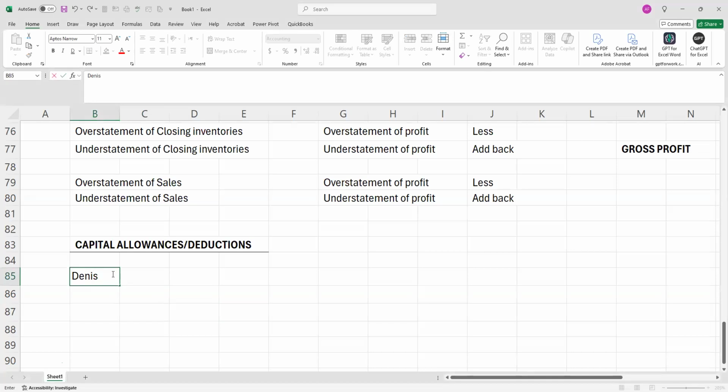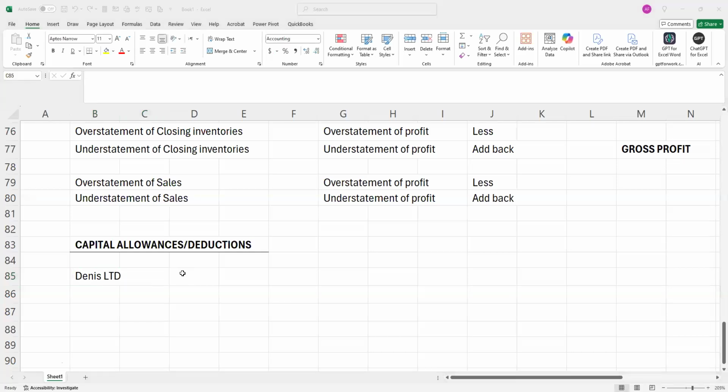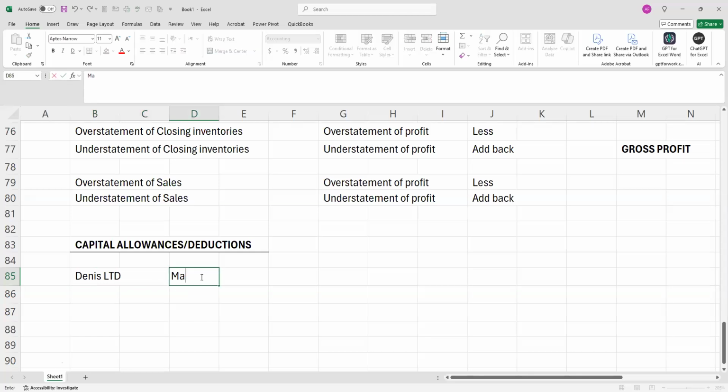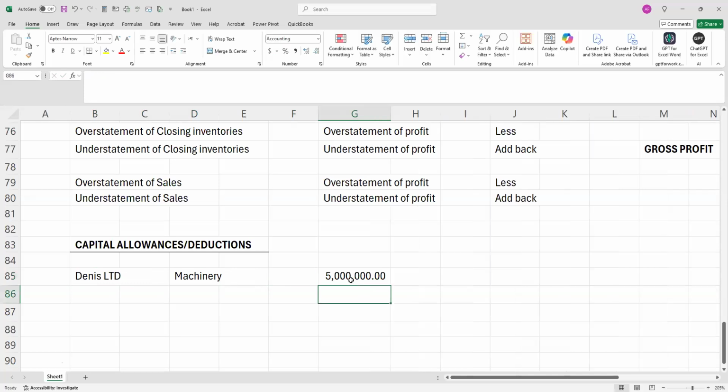So Dennis Limited has decided to purchase, say, like a machinery. I'll purchase this machine at, say, like 5 million.